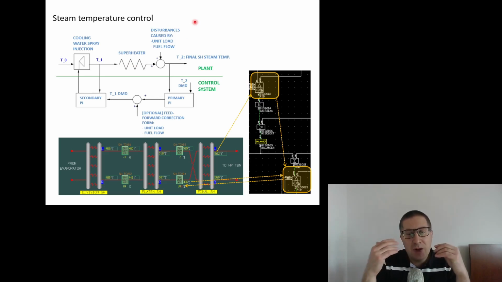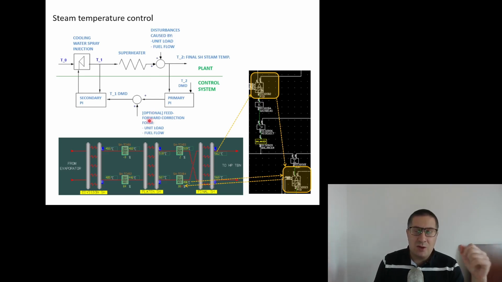So if we know the disturbance transfer function, so what is the transport delay between changing the unit load and the T2 reaction, what is the gain, what is the inertia, and also if we know what is the T2 reaction for our T1 set point temperature change, we can do the feed-forward model. And in fact, we are implementing such things.